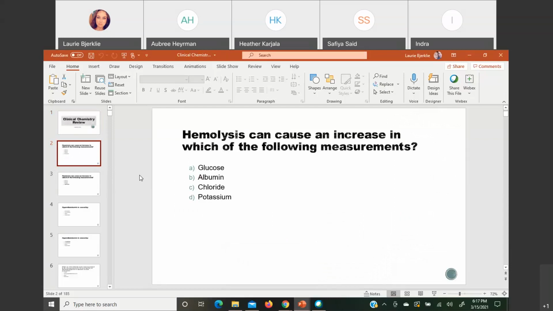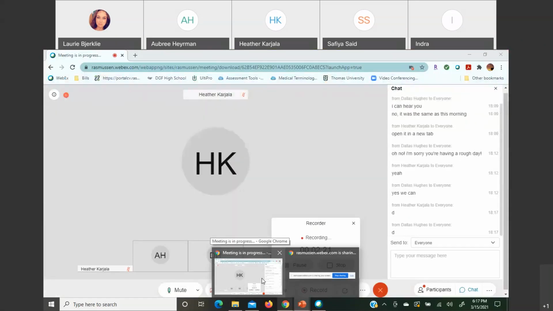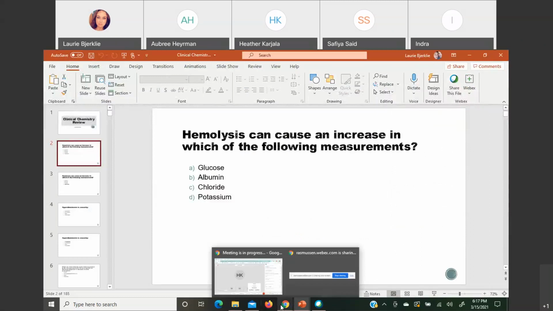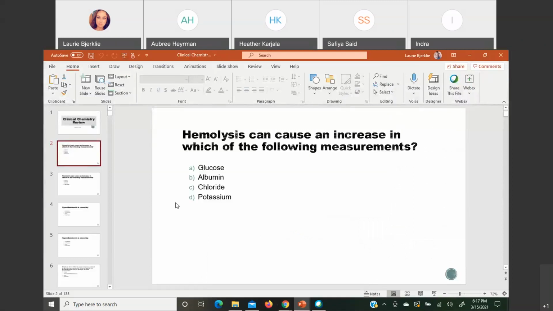All right, so hemolysis can cause an increase in which of the following measurements? Is it glucose, albumin, chloride, or potassium? Which one is increased by hemolysis? I'm already seeing D, potassium, definitely is the right answer.